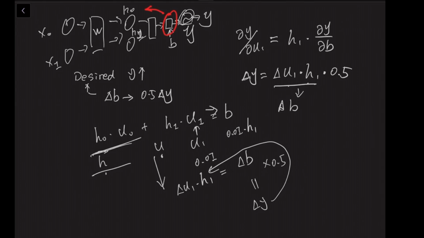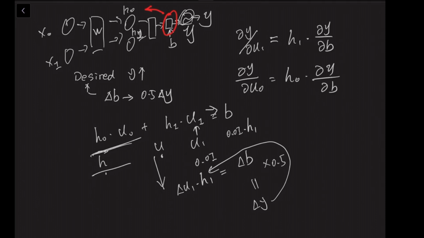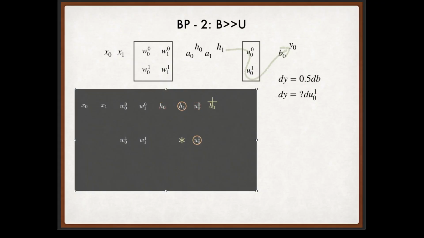Similarly, using exactly the same kind of derivation, we can see how u0 affects y is just h0 times how b affects y. If we go to this illustration, it is not difficult to understand.